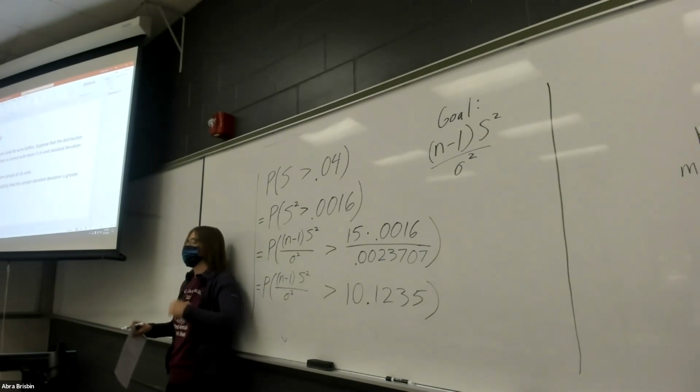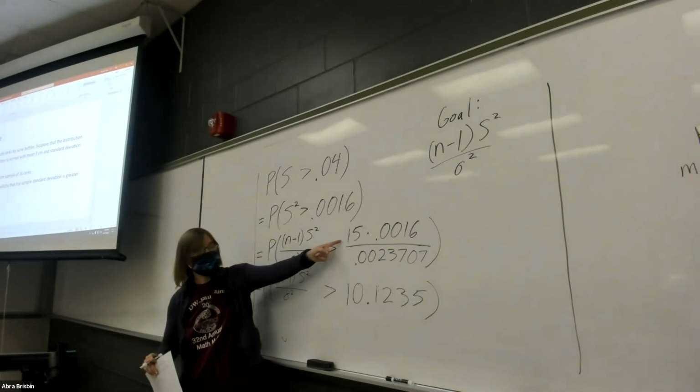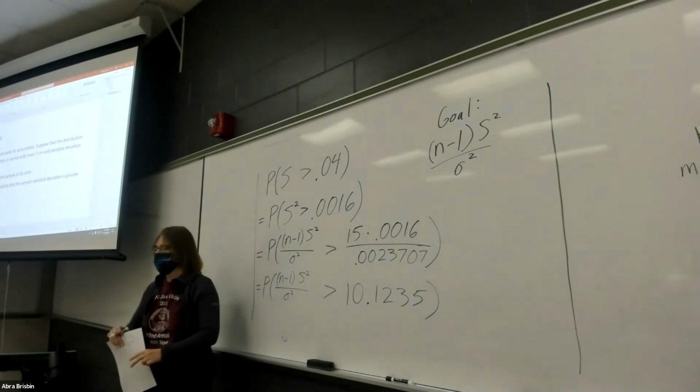Chi-squared, with how many degrees of freedom? 15, yeah, n-1, which in this case is 15.